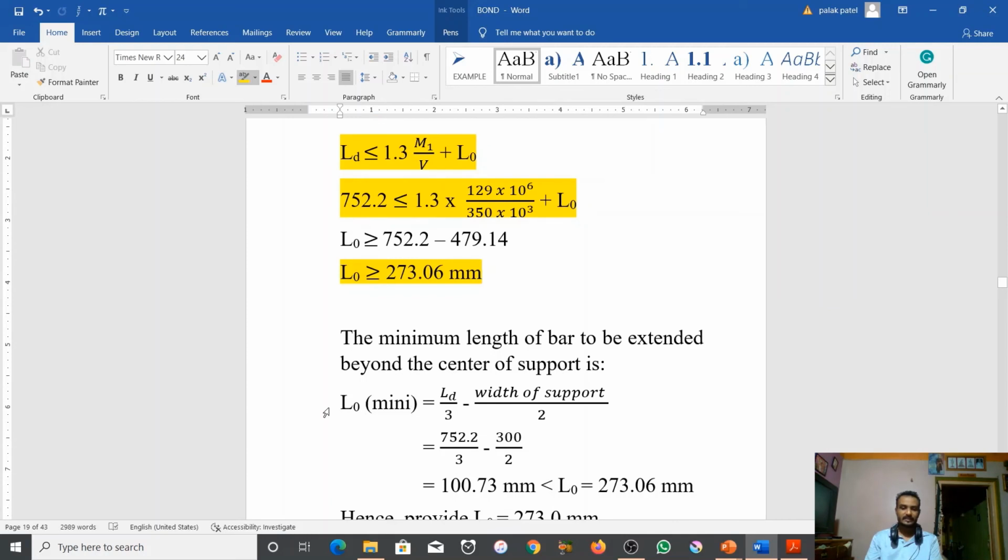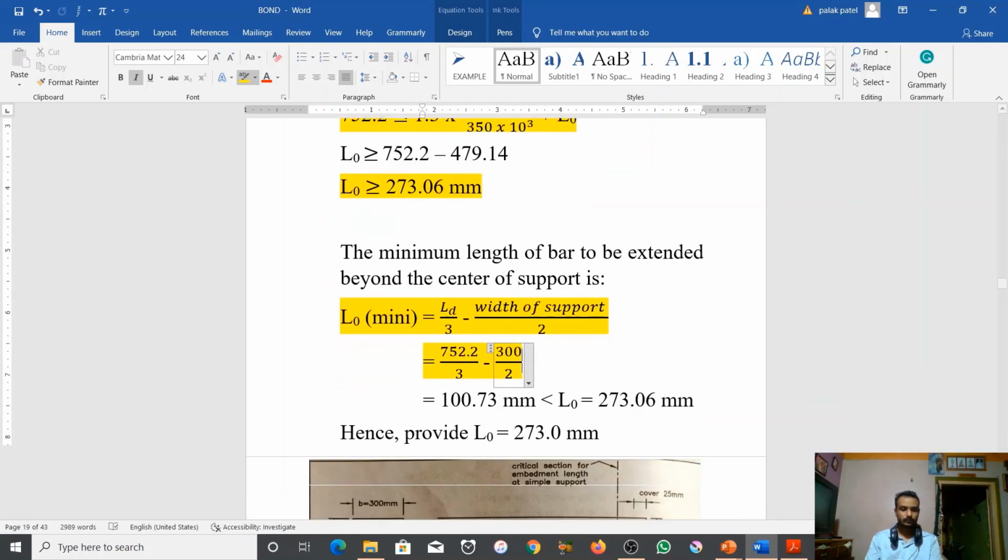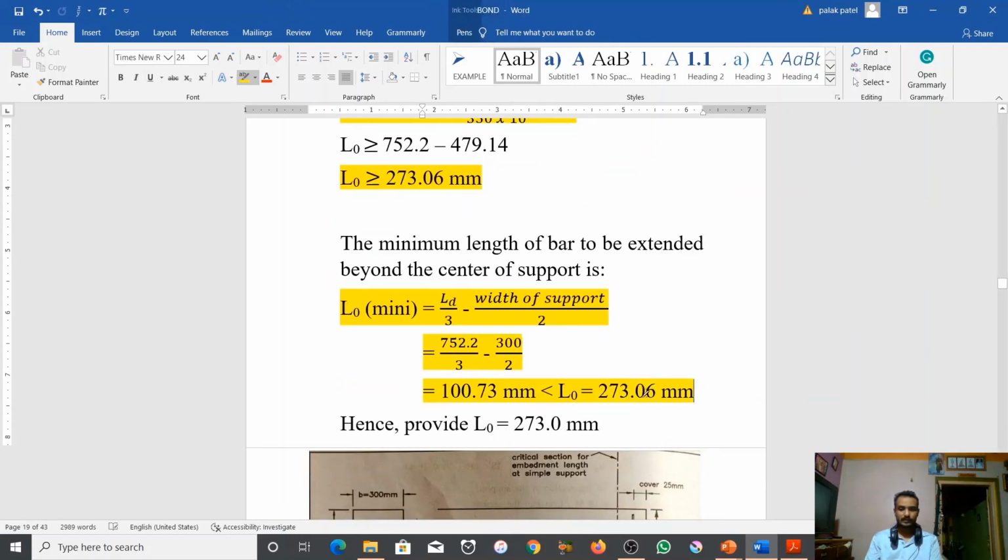Now for L0 minimum, the minimum anchorage length is LD by 3 minus width of support by 2. LD is 752.2 by 3 minus 300 by 2. We got the value, so we provide L0 as 273.0 mm.